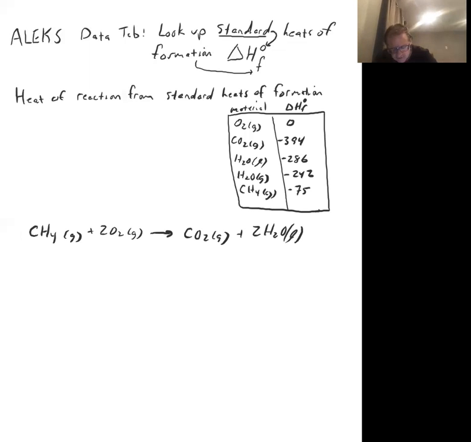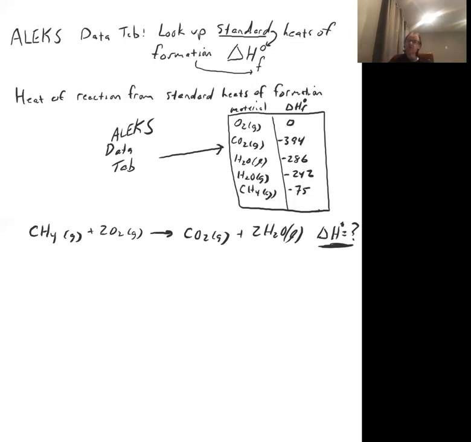And then they ask you to figure out what delta H is. Okay, so they give you a balanced equation and find delta H. What you're going to do is you're going to use the numbers that are in the data tab. Okay, you can look those up and click on them to figure out what they are. So you're going to use those.